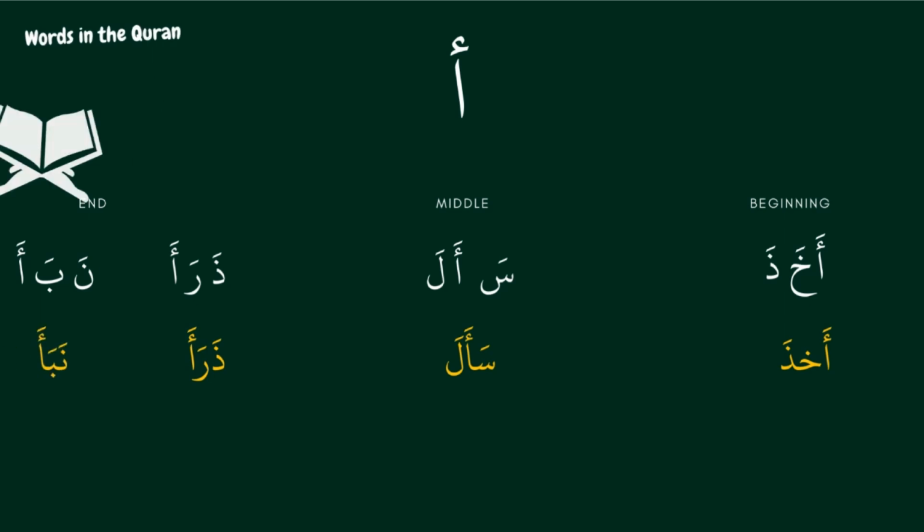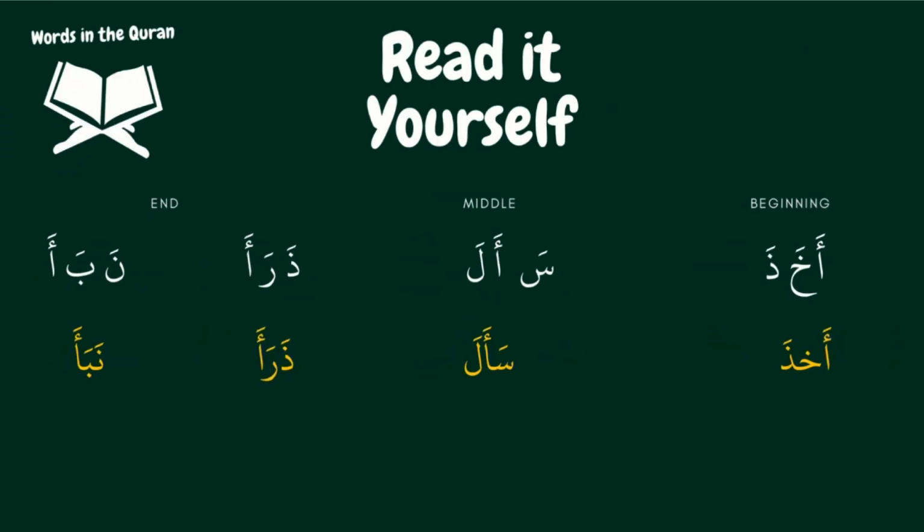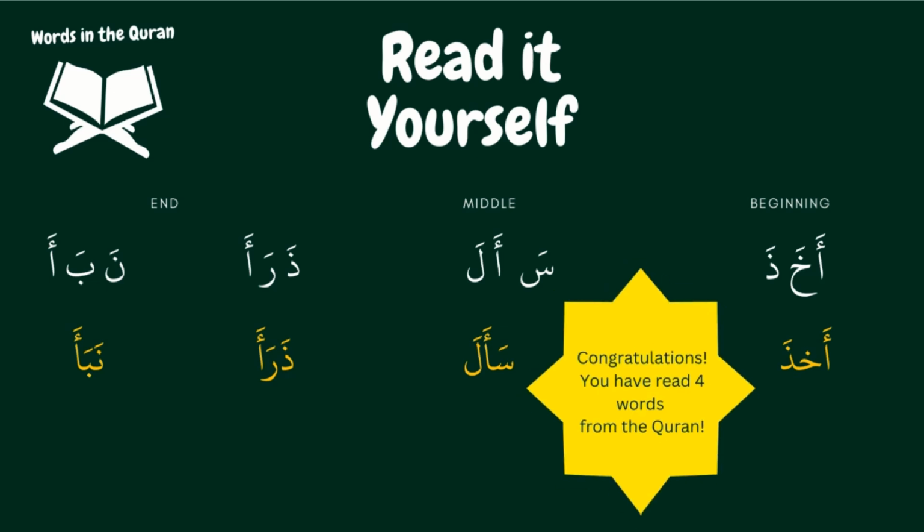Don't worry about that, I will also inform you later which letters can be joined and which cannot. Read this yourself. If you need to repeat the previous video, please do so. Congratulations, you have read 4 words from the Quran.